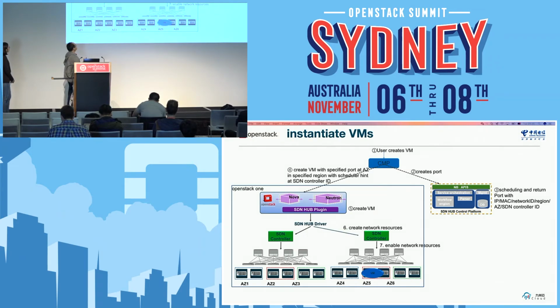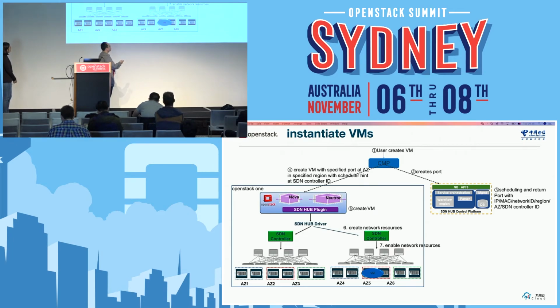And then, if the user wants to create virtual machines, the CMP first will create a port from the SDN Hub control platform. The SDN Hub control platform will do some scheduling, and return the port to create a port model.